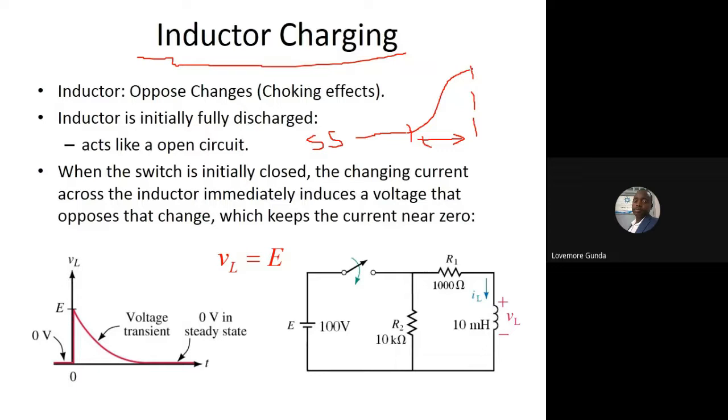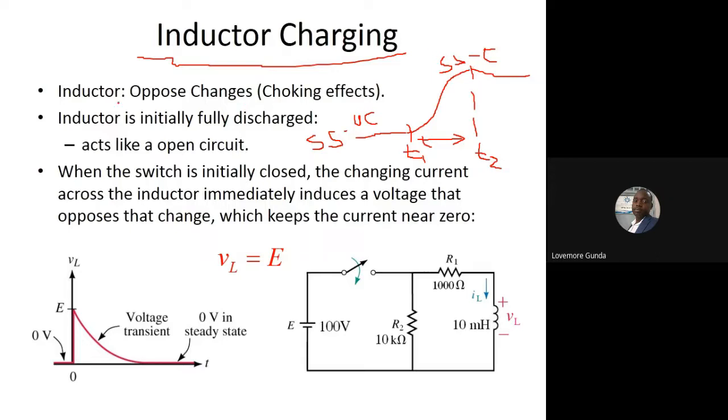Then we reach another steady state, the charged one. So what we are talking about is the transient period between T1 and T2. That is the period whereby we start charging to the point when we are fully charged. That is the issue of transients which we are trying to talk about.